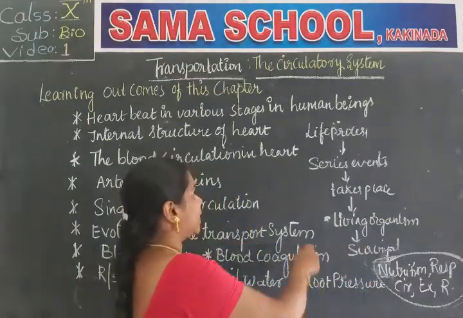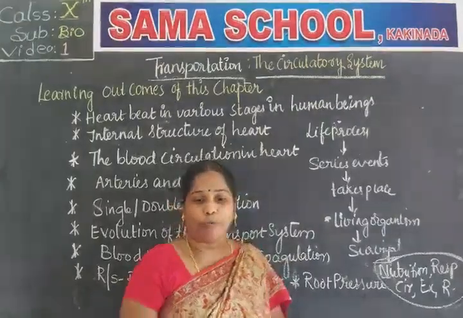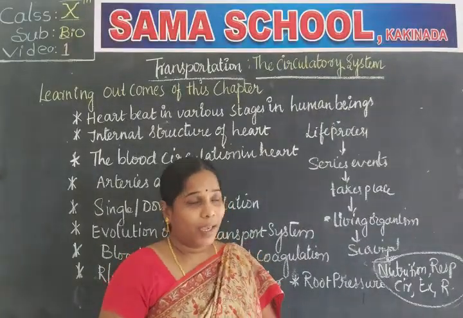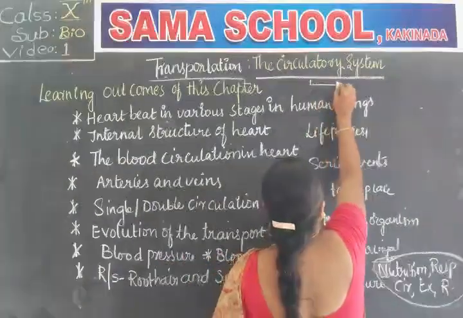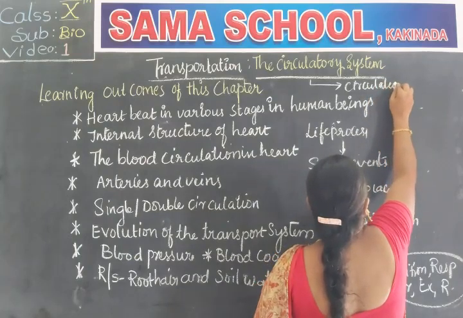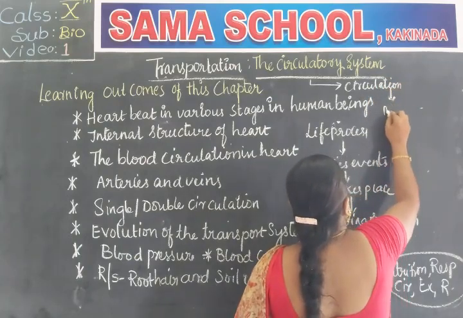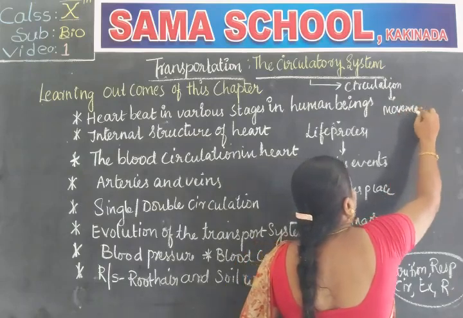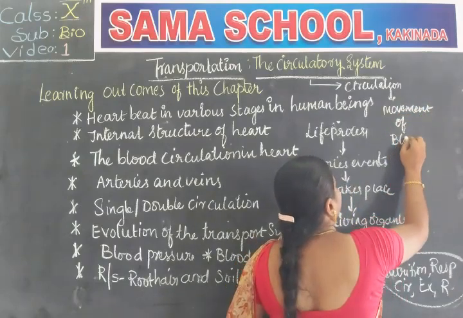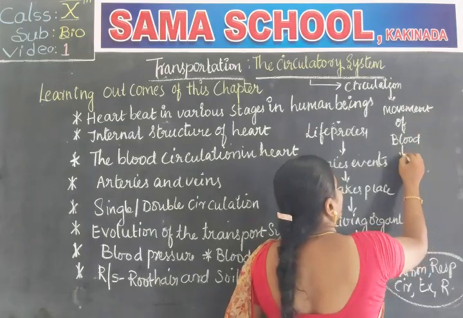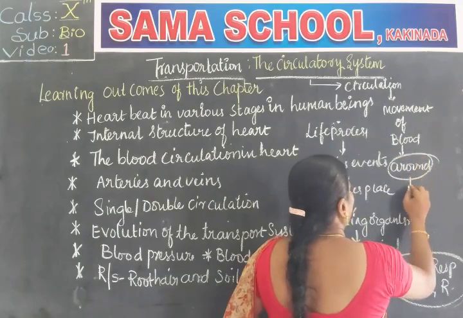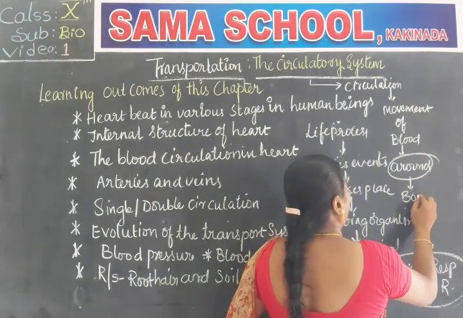Now if you go for circulation, it is the movement of blood around the body. Here I am giving the explanation of circulation. Circulation means the movement of blood or fluid around the body, inside the body.